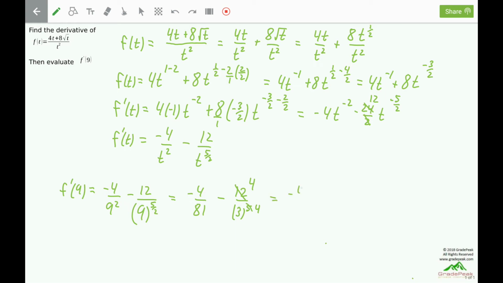So I have negative 4 over 81 minus 4 over 3 to the 4th. 3 to the 4th power, 3 times 3 is 9, times another 3 is a 27, times one more 3 is an 81. So I have negative 4 over 81 minus 4 over 81. It's already over a common denominator. We can combine those. Minus 4 is negative 8 over 81.